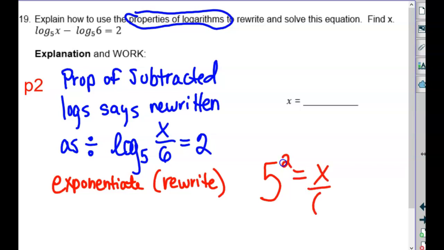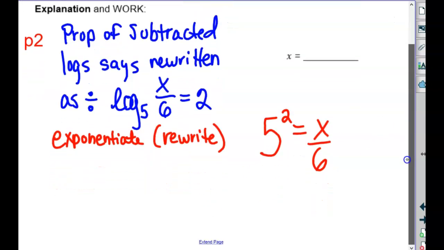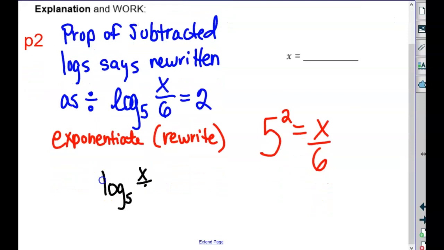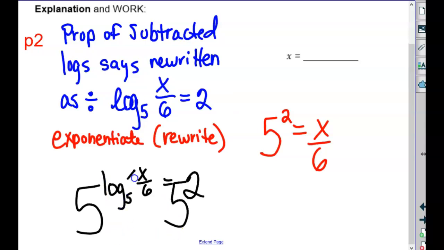Equals x over 6. Okay, if you were looking at it as an exponentiate, what you have right now is log base 5 of x over 6 equals 2. So you put a big 5 here and a 5 here. These undo each other. You just get x over 6, and 5 squared over here would be 25. And then to get rid of a divided 6, we multiply.